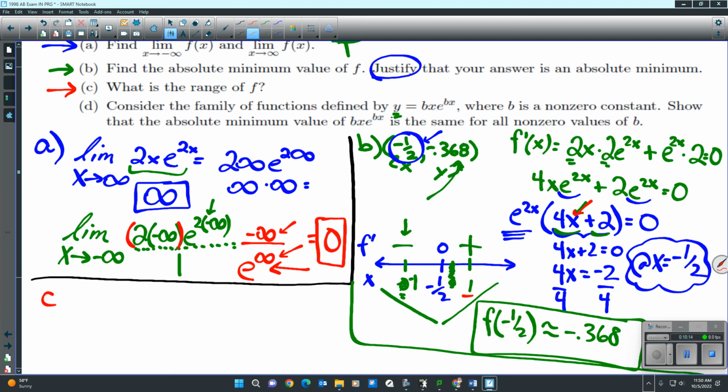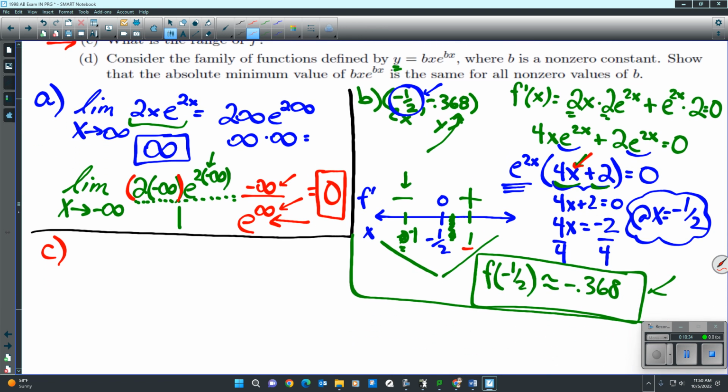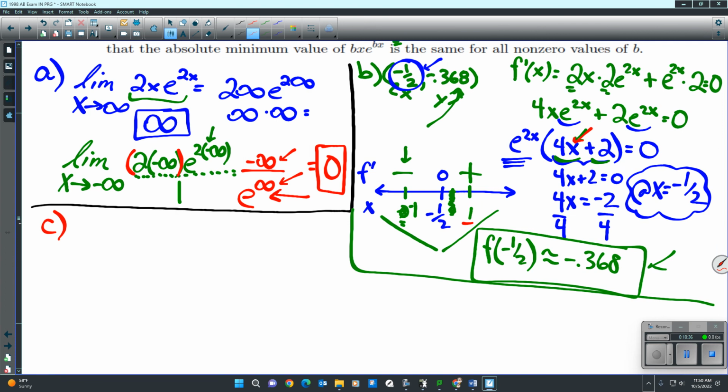C. What is the range of f? Well, I like when we have problems where we can go back to a previous part, A, B, or C, and use it. If I know my absolute minimum or lowest point is negative 0.368, and it only goes higher from there, my range goes from negative 0.368.